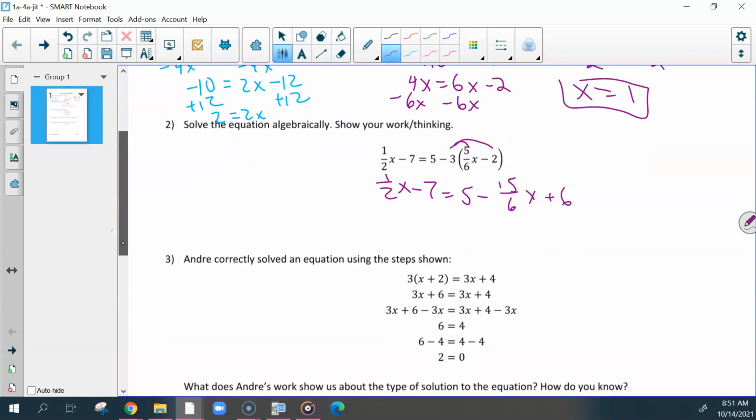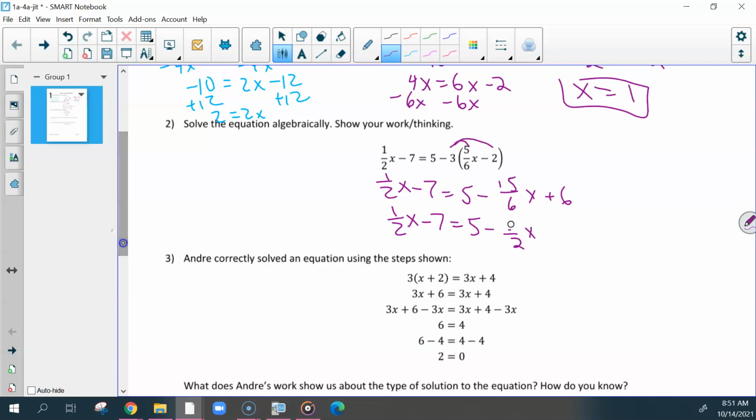Divide both. Yeah, that's right. And then combine your like terms on the same side. So 5 plus 6 would give you 11.